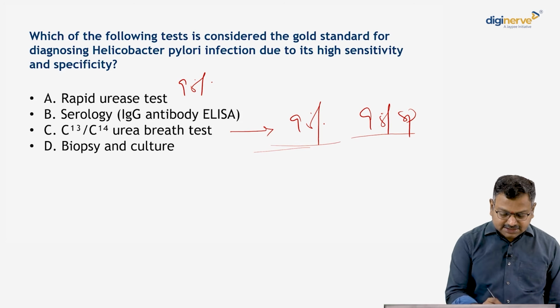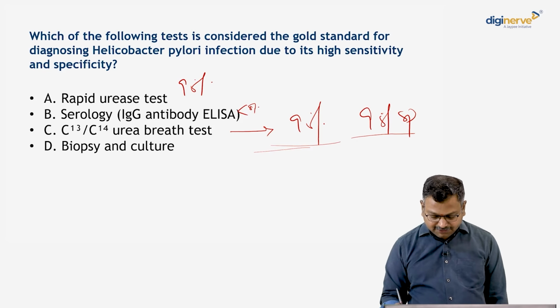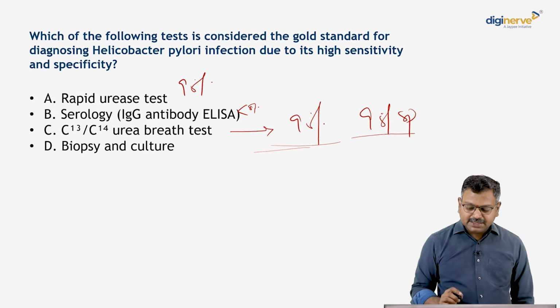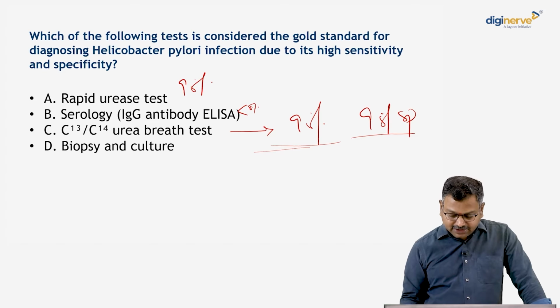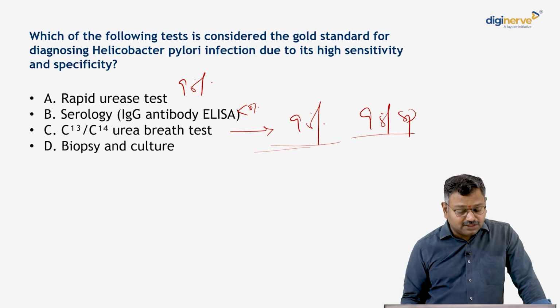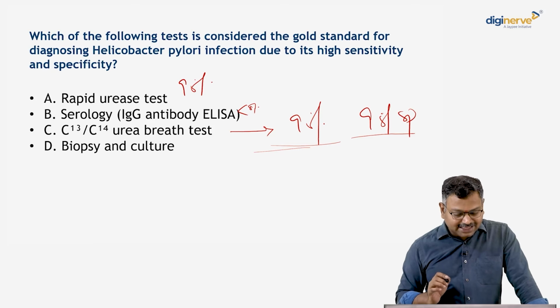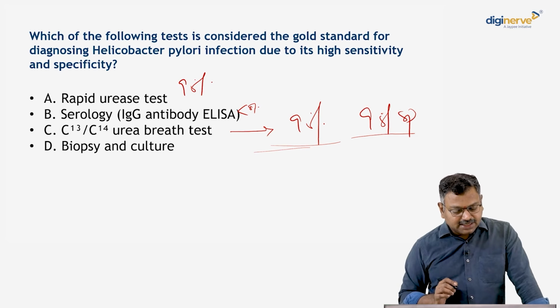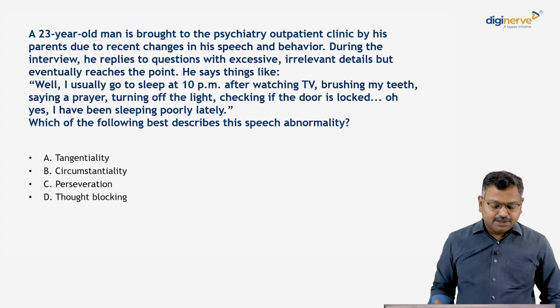The serology is less than 90%, and biopsy is time consuming, only for research. The rapid urease test has high specificity but low sensitivity. Serology cannot distinguish active or old infection, so serology is not much useful. So the main test that we are using is the carbon breath test.